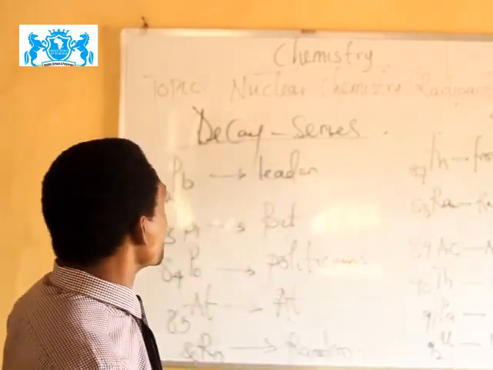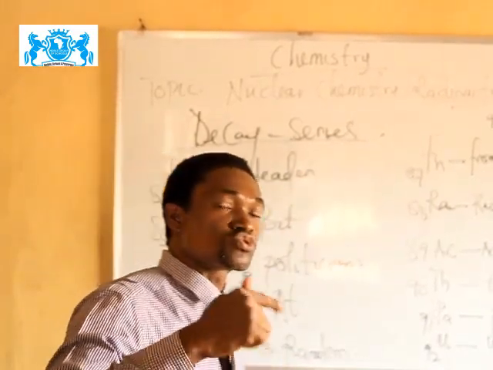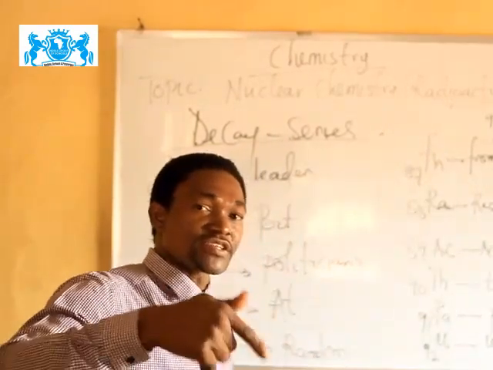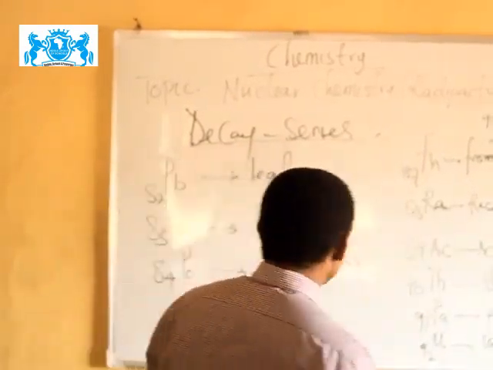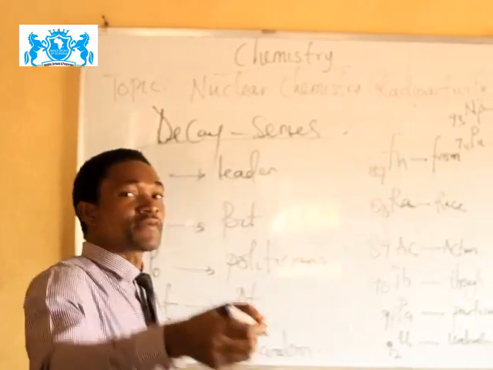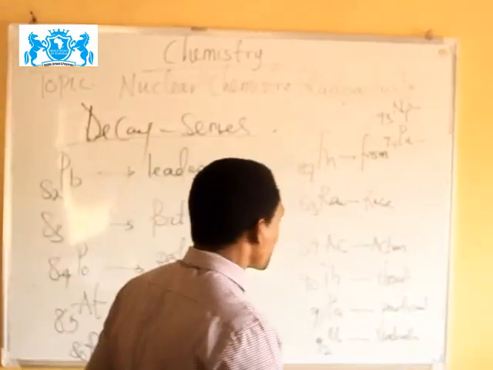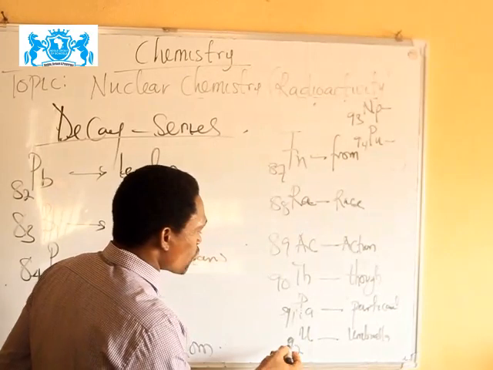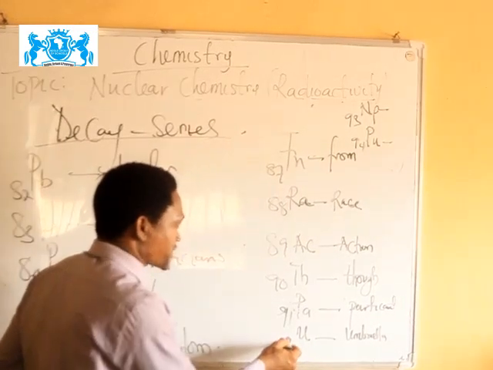So if I say an element undergoes 2 alpha decays, what is the stable product? 2 alpha decays means it loses 2 alpha particles. Let's say uranium loses 2 alpha particles.